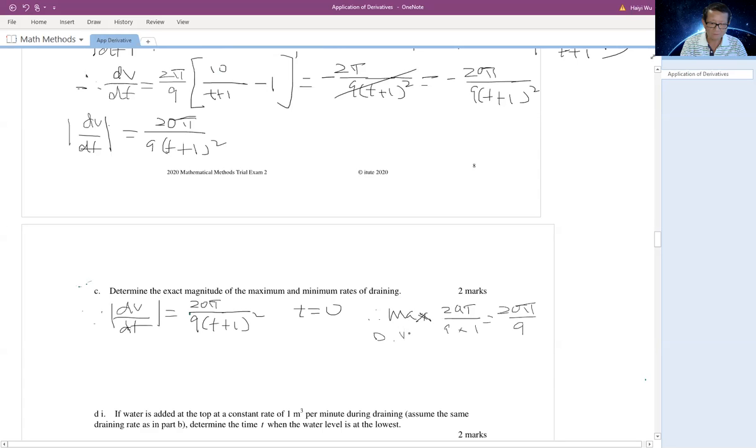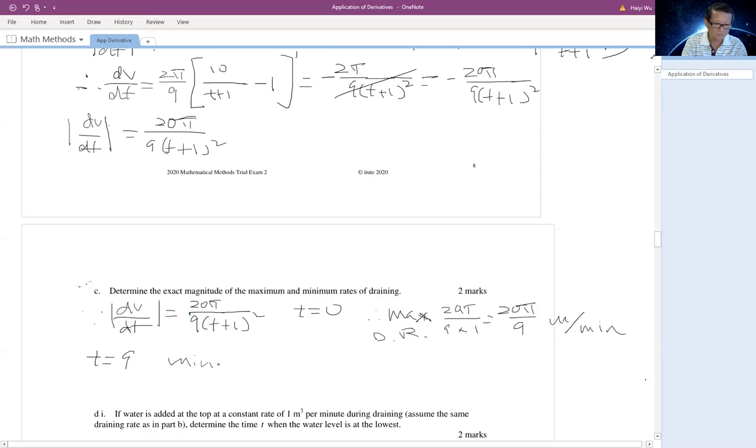That's the draining rate, in meters cubed per minute. So that's the maximum. The minimum is when the denominator is maximum, which means T is equal to the maximum draining time, 9 minutes, which we found in question A. So when T equals 9, we substitute.